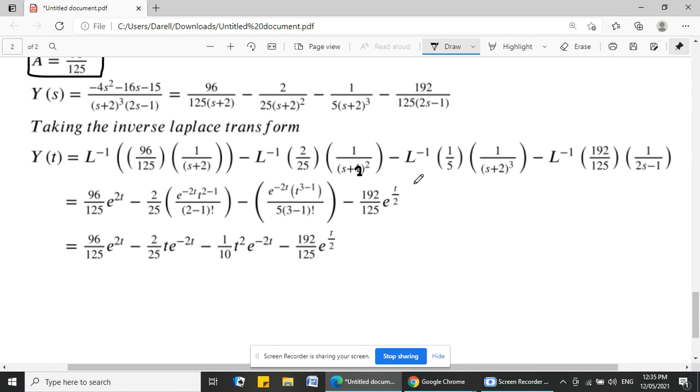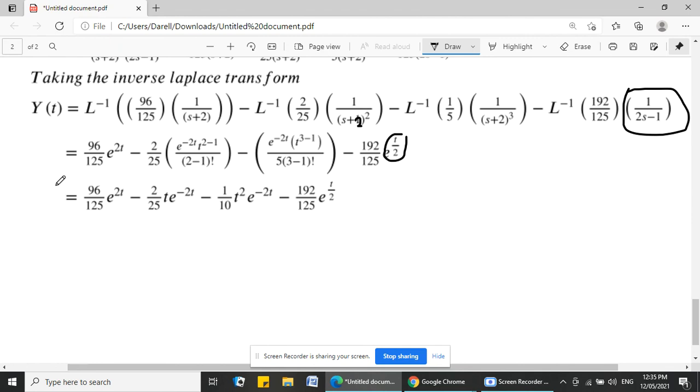Mao na siya ang inverse Laplace transform sa 1 over 2s minus 1, e to the t over 2. Based lagi siya sa table sa inverse Laplace transform. So, mao na siya ang final answer.